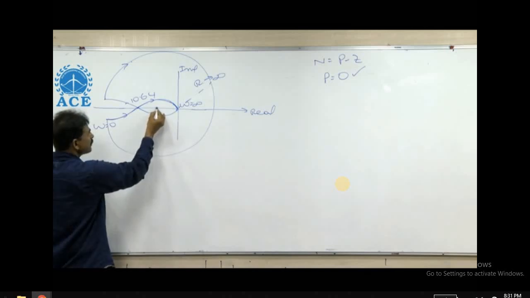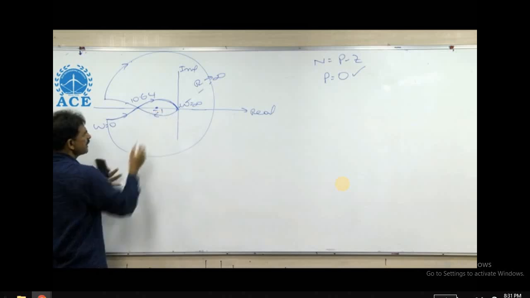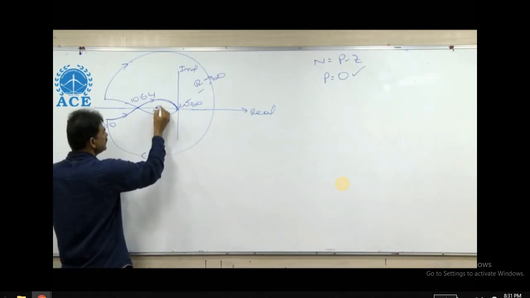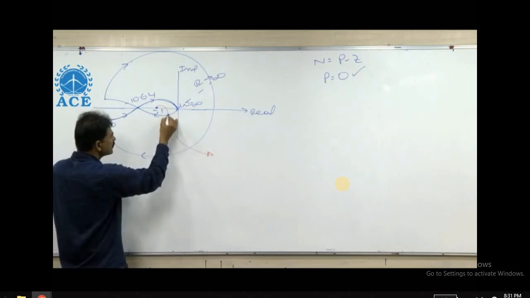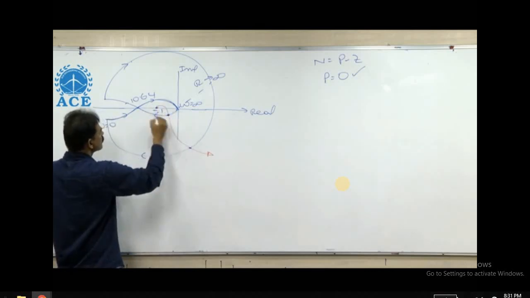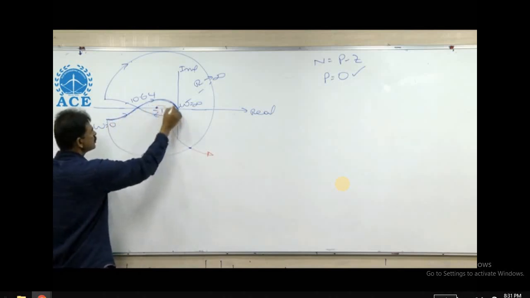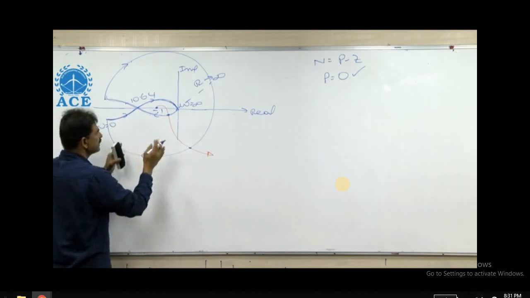From the plot, the minus 1 point is inside, so minus 1 is encircled twice, clockwise. This is the complete Nyquist plot.